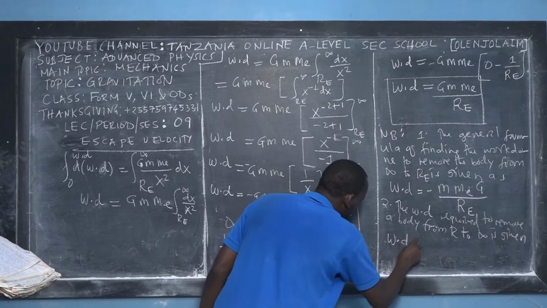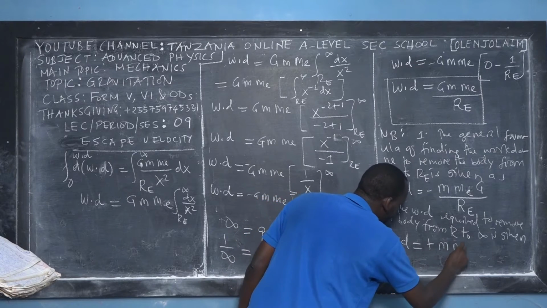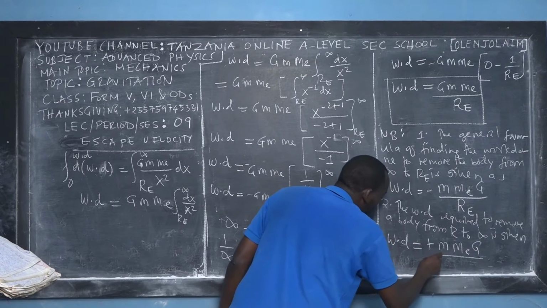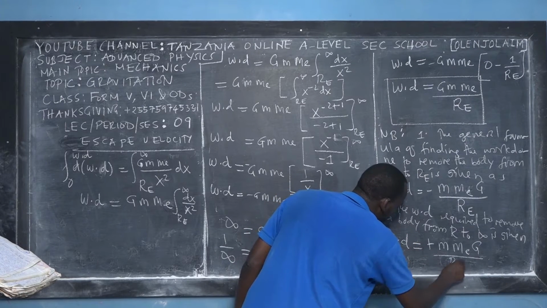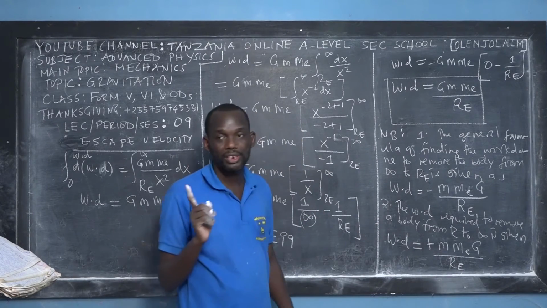Work done is equal to positive mass of the body times mass of the Earth times universal gravitational constant over the radius of the Earth. So take note of these 2 different formulas.